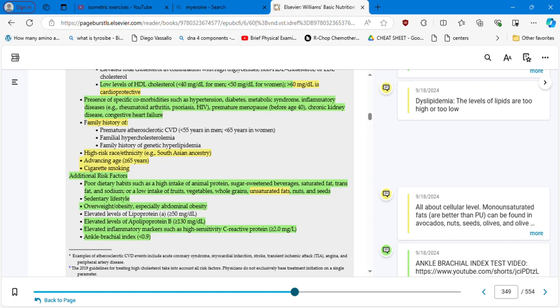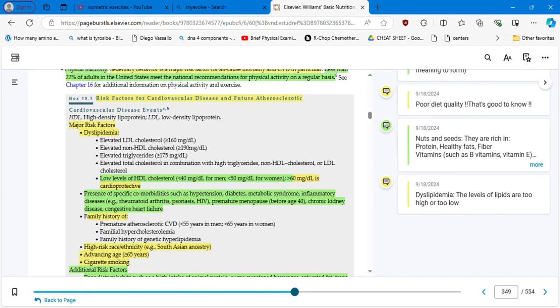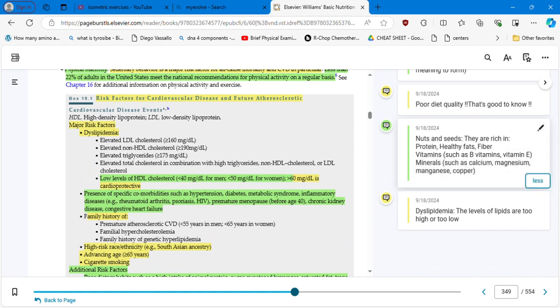That would be the goal, right? To eat whole grains, unsaturated fats, nuts and seeds. Okay, so I have a list of good sources of good cholesterol. Nuts and seeds, they are rich in protein, healthy fats, fiber, vitamin B and E, minerals such as calcium, magnesium.